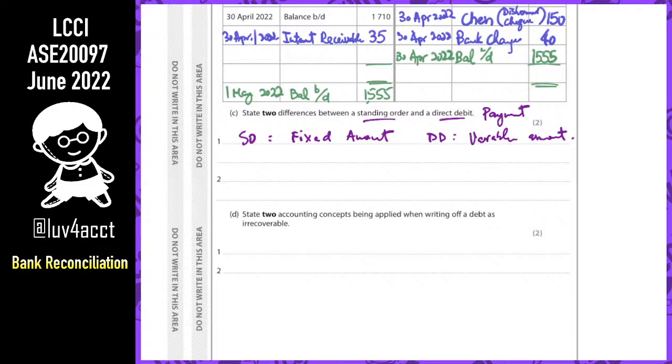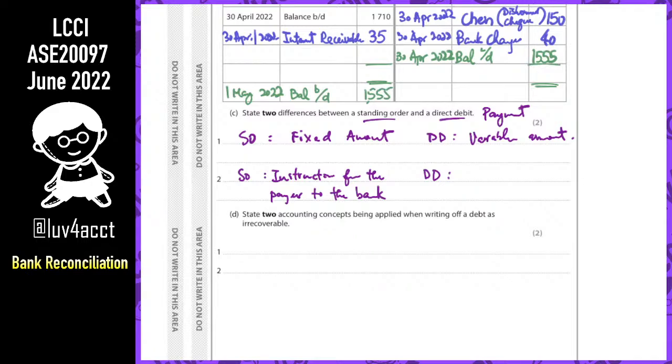The next one is more of the nature of these 2 types of payment method. Standing order is actually an instruction from the payer to the bank. You instruct the bank to make the payment to the insurance company.